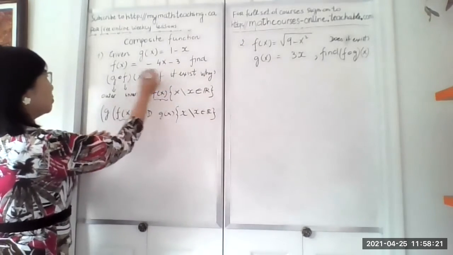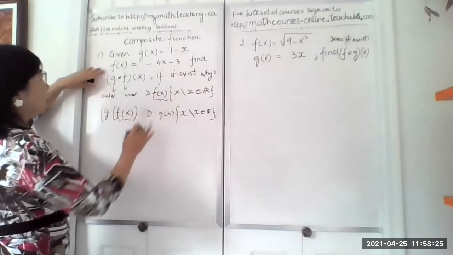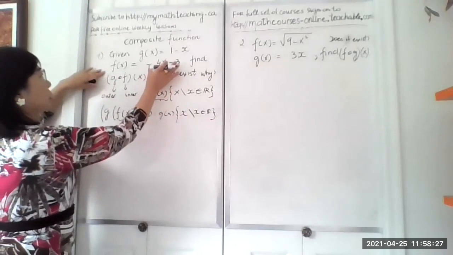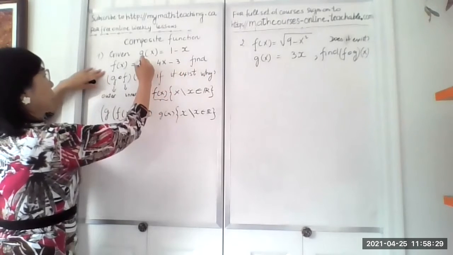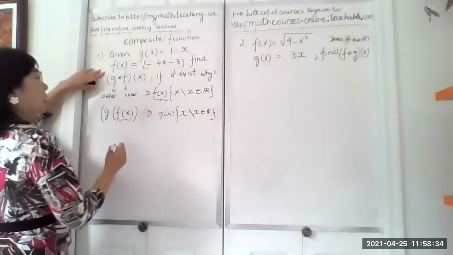To find the composite function g of f of x, we put the function f of x into the function g of x.